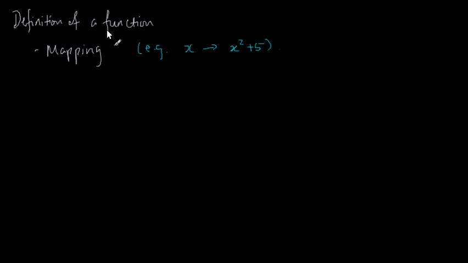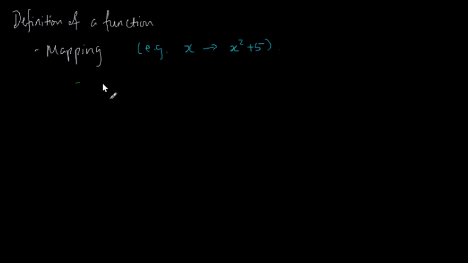So a function is a kind of mapping, but not just any mapping, right? Not just any mapping. It's a mapping with some conditions attached.